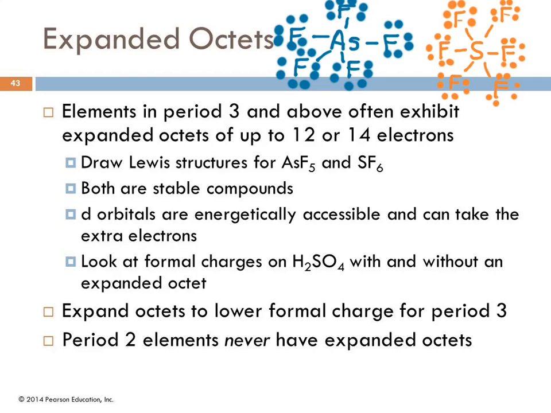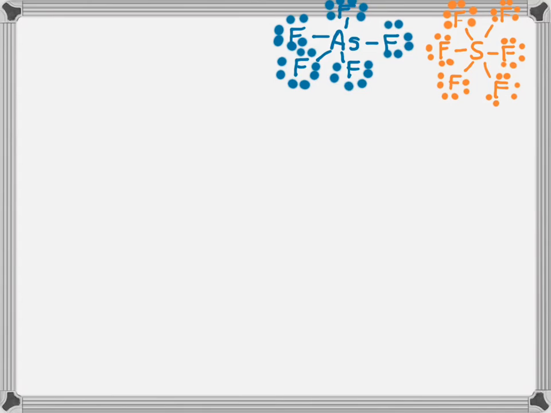So let's look at sulfuric acid, and I'm going to go to a different page so that we can have some space. So let's look at sulfuric acid. S, and there's O, and O, and O, and O, and the H's are going to be on the O's.